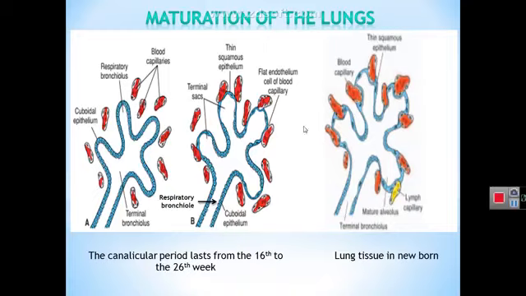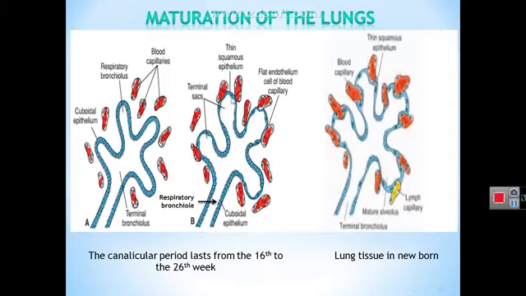During the last 2 months of prenatal life and for several years thereafter, the number of terminal sacs and capillaries increases steadily. The wall of the terminal sac or primitive alveoli is lined with flat type 1 alveolar cells.